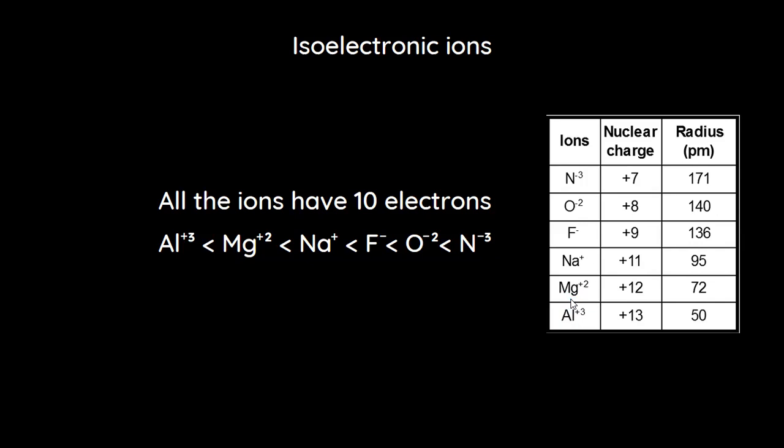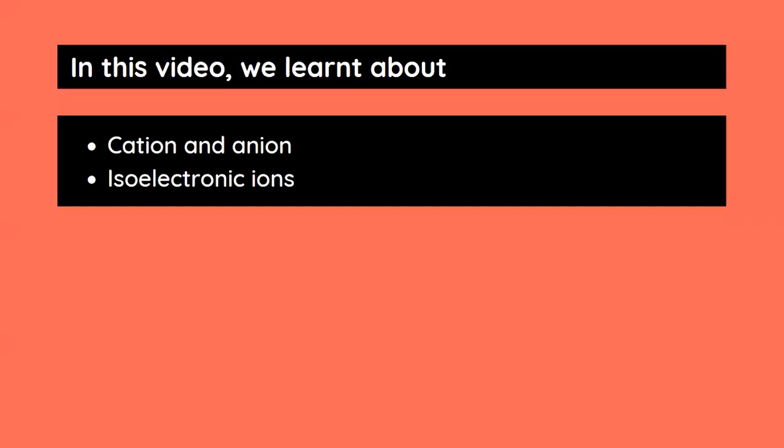And as we move from one ion to the other, the nuclear charge is increasing, and so the force of attraction of the nucleus to the outermost shell will be more. So here, nitrogen has relatively less nuclear charge than aluminium, and that's why the radius of this particular ion is the highest, whereas for this, it's the lowest. With that, we complete this topic.